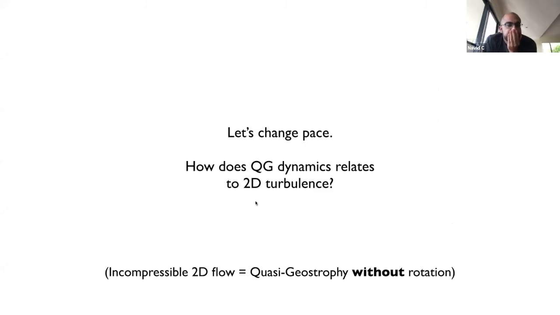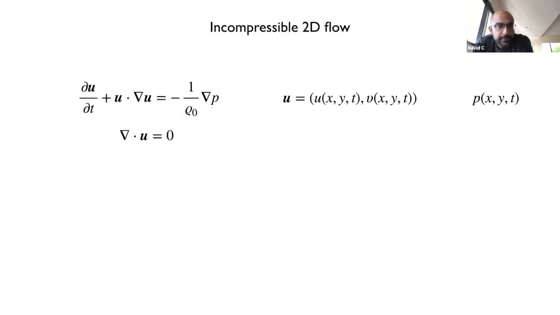So the answer is in this parenthesis: an incompressible two-dimensional flow is quasi-geostrophy without rotation. And let's discuss a bit how the equations for an incompressible two-dimensional flow look.